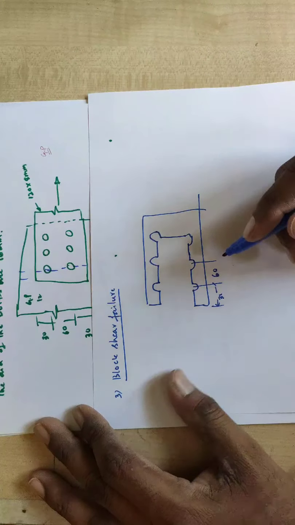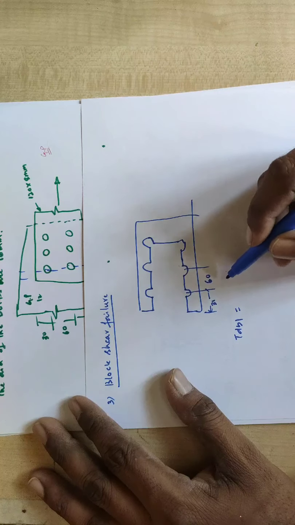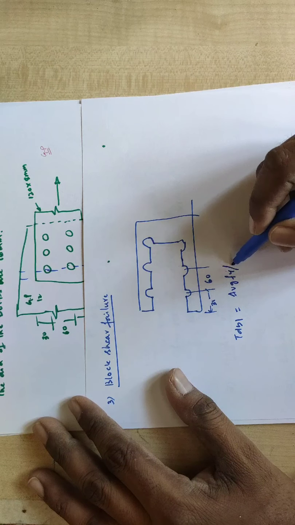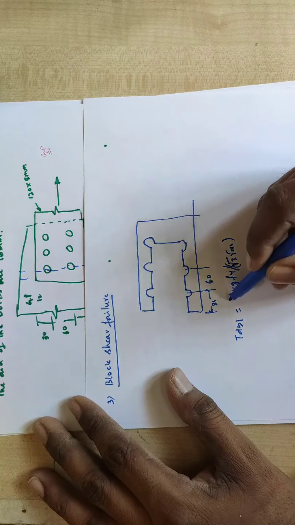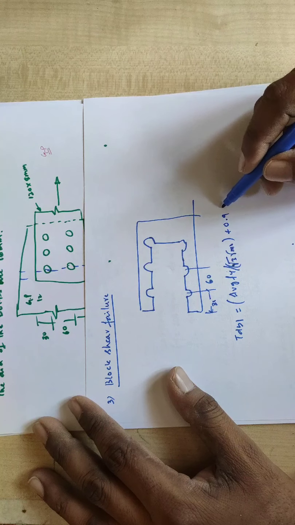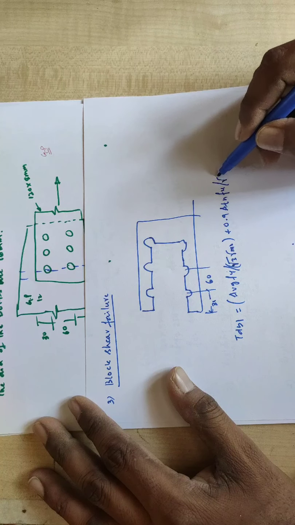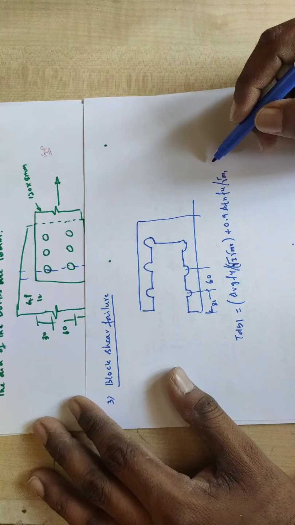Now we have to calculate the values of Tdb1 and Tdb2. For Tdb1, the formula is Avg Fy divided by root 3 gamma m0, plus 0.9 Atn Fu divided by gamma m1.